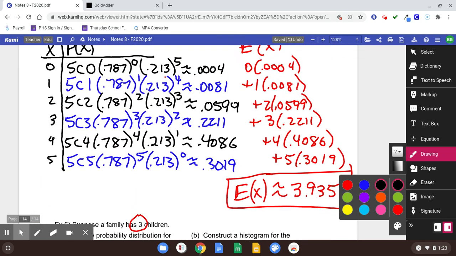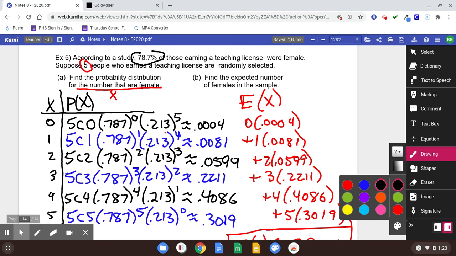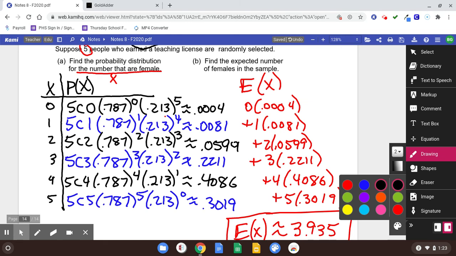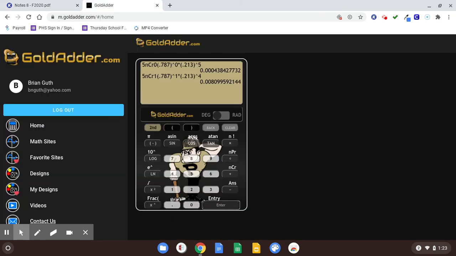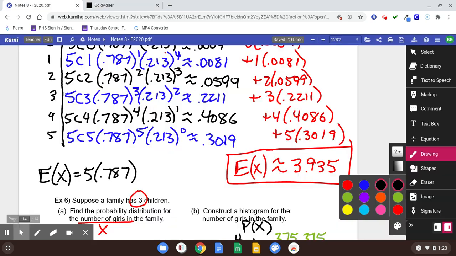Let's see if that works in the other one. Okay, remember how the probability was 0.787? I wonder if we could have just said 5 times 0.787 and gotten the same thing. Let's see. 3.935, same thing.